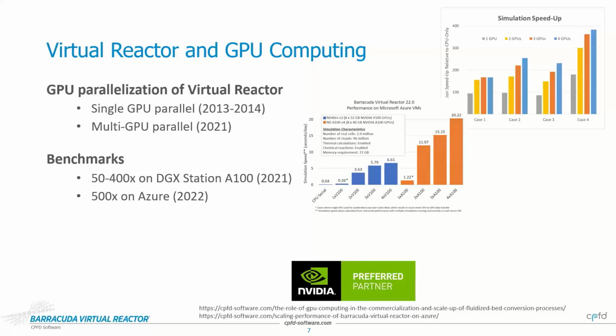Basically what they did is they ran a huge plastics recycling case and compared multi-GPU simulation for, again, 1 through 4 GPUs using the V100s and the A100s, so different technology on the cloud, on Azure, things that are available, and looked at speed. The fastest here, the A100, was showing over 20 seconds per day, compared with 0.04 seconds per day for CPU. That was over a 500 times speed up.